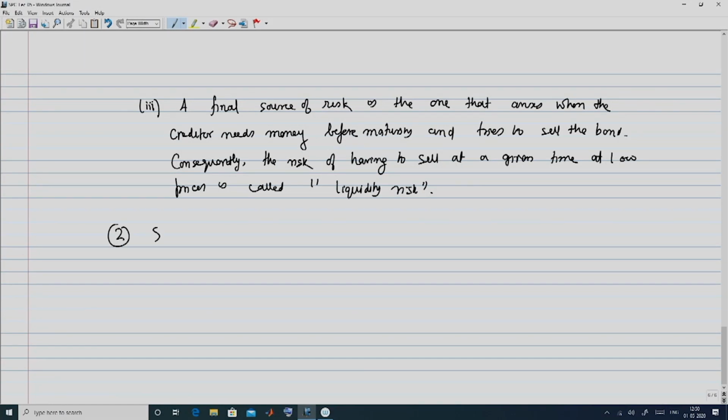So, we start off our discussion on stocks. Let me first define what is a stock.